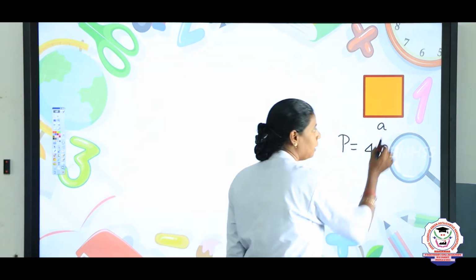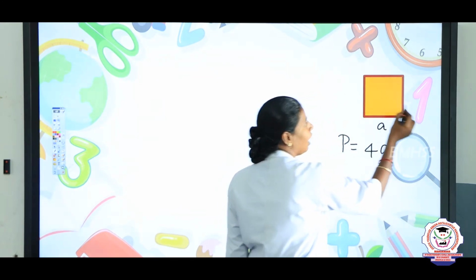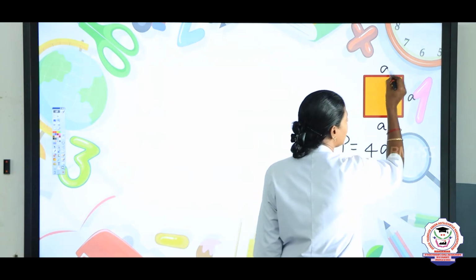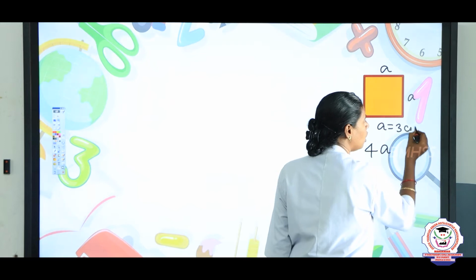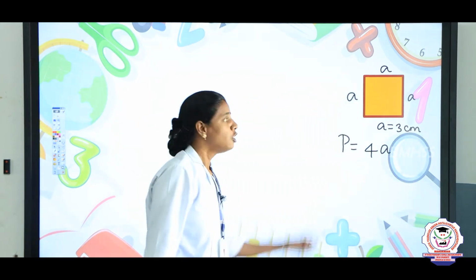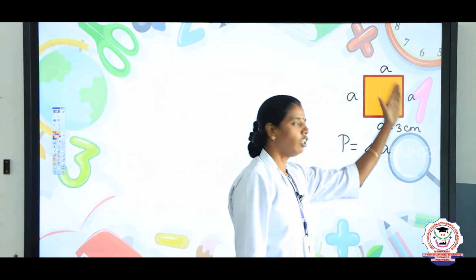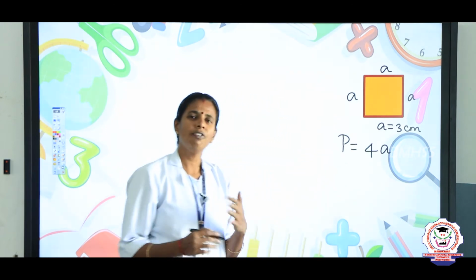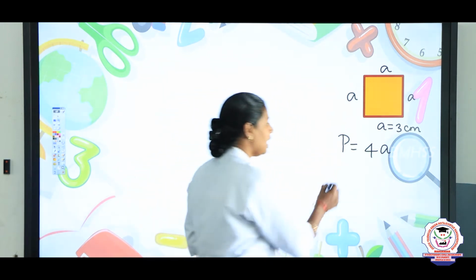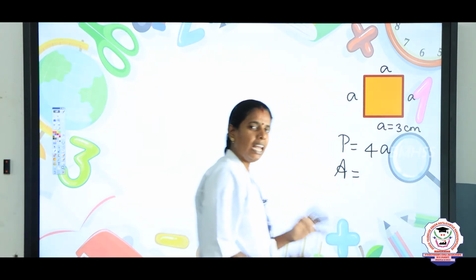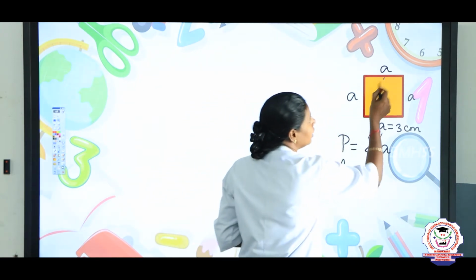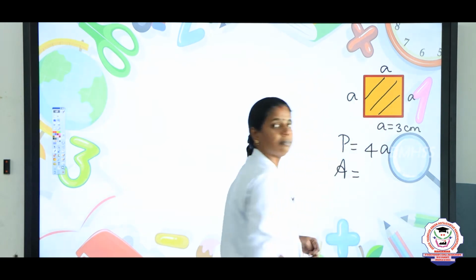So the perimeter of your square is 4A, that is, all four sides added. The remaining sides are also A. A is the value we can consider as 3 centimeters or whatever it may be. Right. So to find the perimeter we add all four sides. And how to find the area of the square? Area is nothing but the closed bounded space.